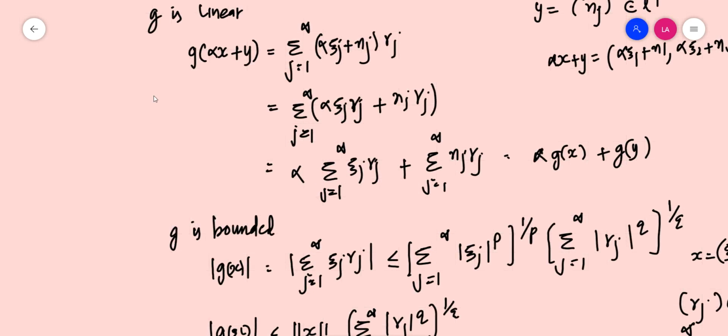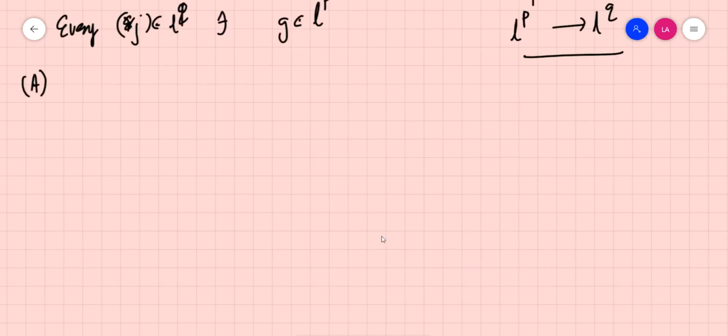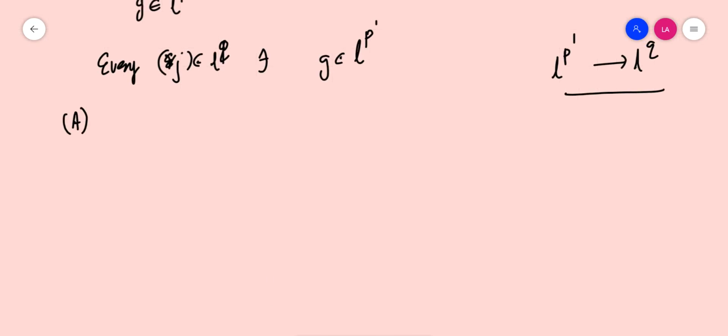So we have equation B. From equation B, we have the summation j equal to 1 to infinity of modulus of gamma j raised to q, the whole raised to 1 by q, is actually less than or equal to norm f. We have this. Now the thing which we need in order to establish this is the equality of the norms. So the first part is here, we need to prove the second part as well.